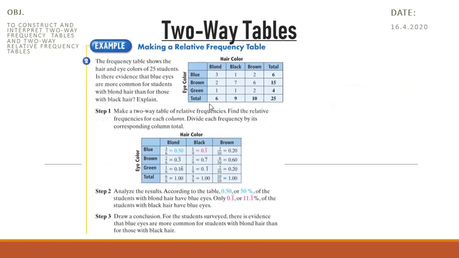For example, here we have this two-way table, for a total of 25 students, as you can see from the table, and also it's written in the example. The frequency table shows the hair and eye colors of 25 students.